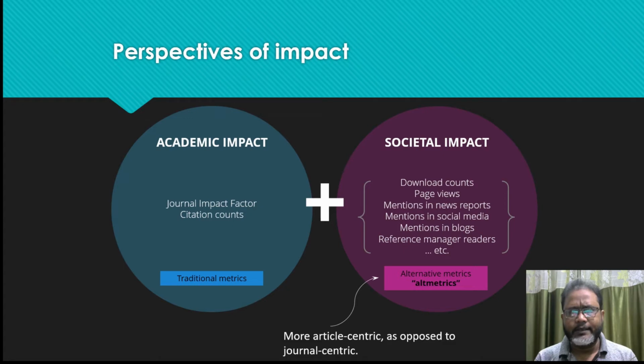So we have broadly different kinds of impact. One is the academic impact, judged by how many articles you publish in journals, and at the same time we can assess your impact in the social domain.